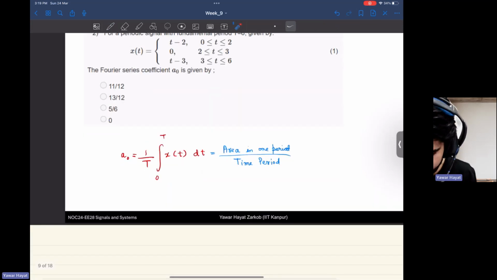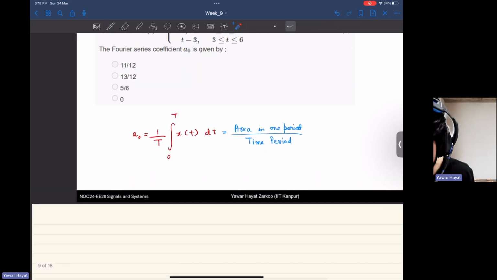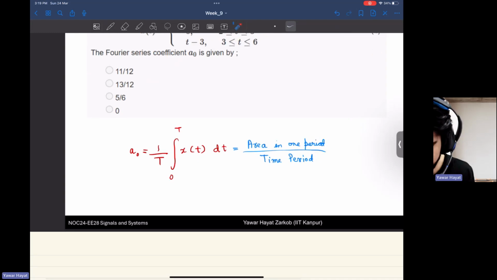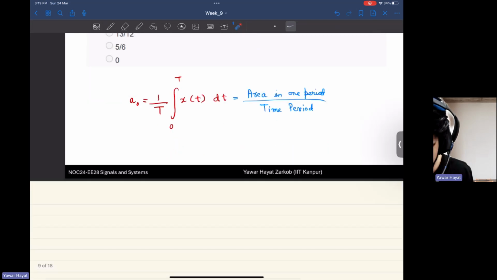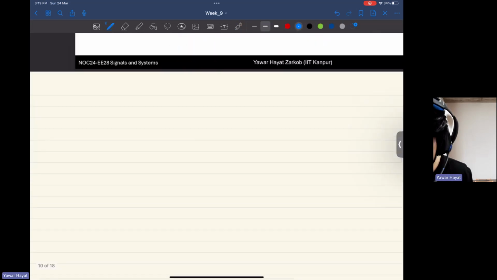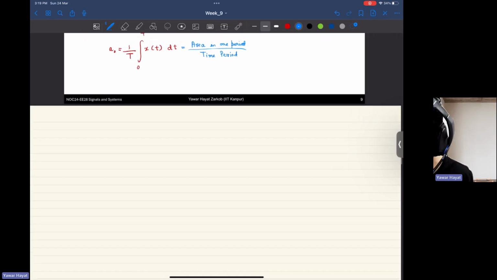Another way is to compute this A0 graphically, since the integral 0 to t of x of t dt is the area under the curve under one period. Solving it graphically would be relatively simpler, so we'll proceed with that.